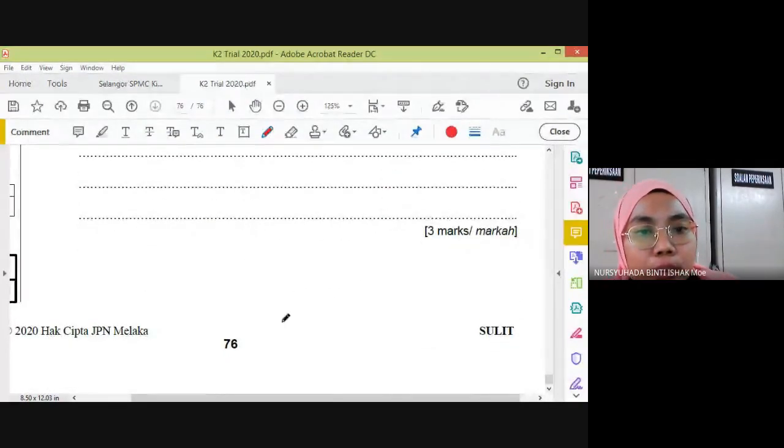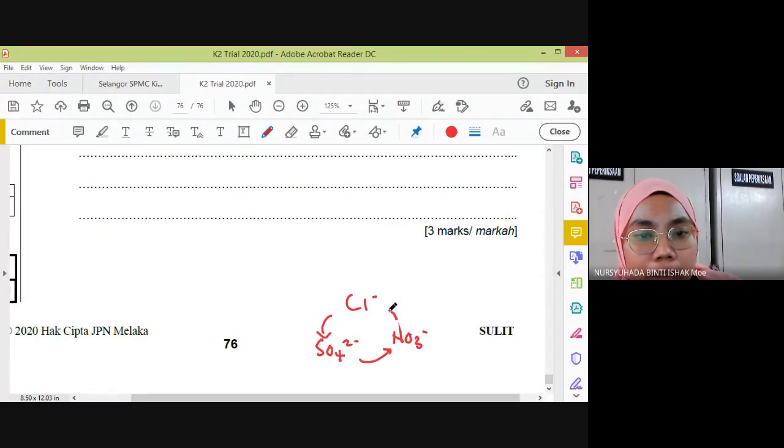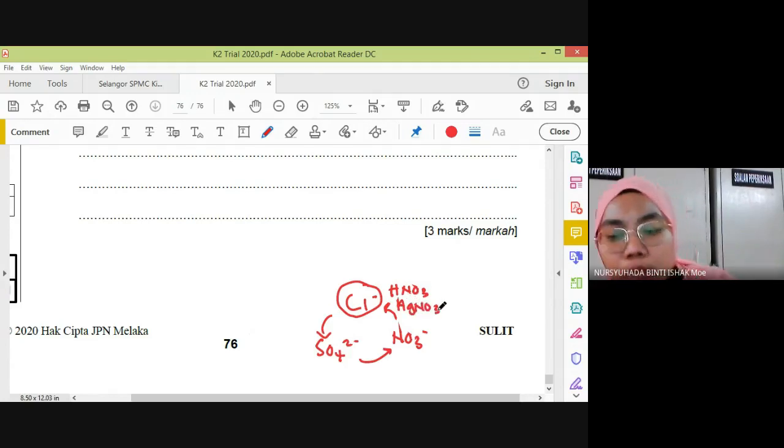Okay, dah ajar dah dulu. Untuk test chloride mesti ada nitric acid dan mesti ada AgNO3. So kita tulis lah.